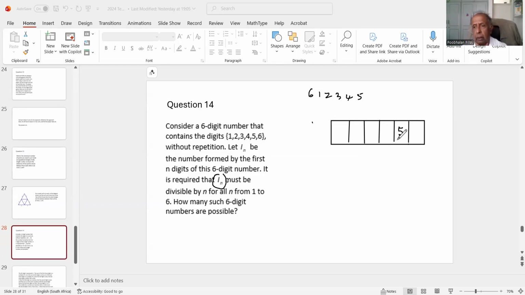So now let's have a look at the I3. The sum of these digits, 3 is a factor of this. 3 divides the sum. And the whole 6-digit number, 3 divides that sum as well.